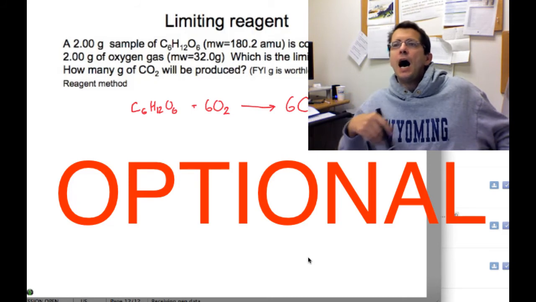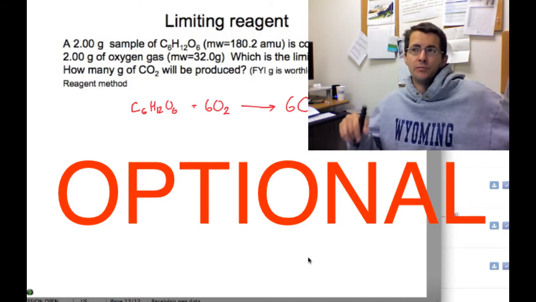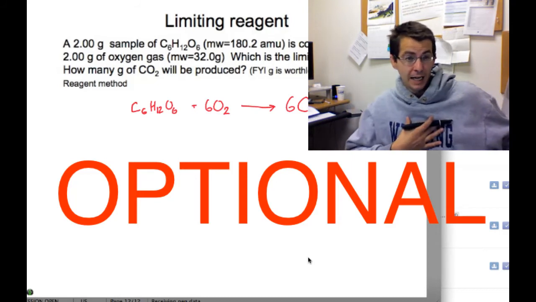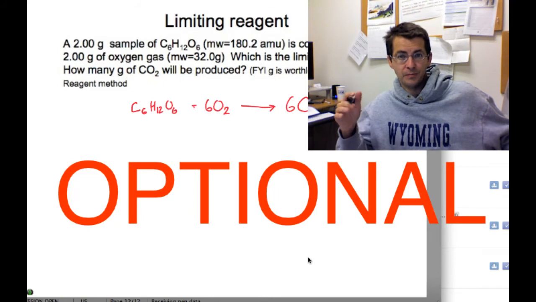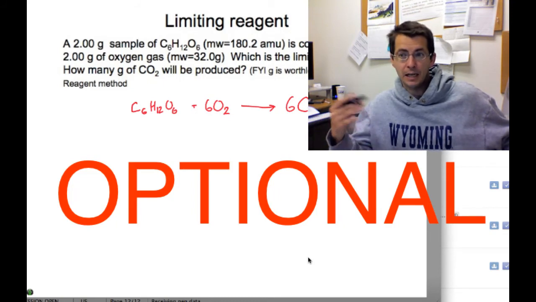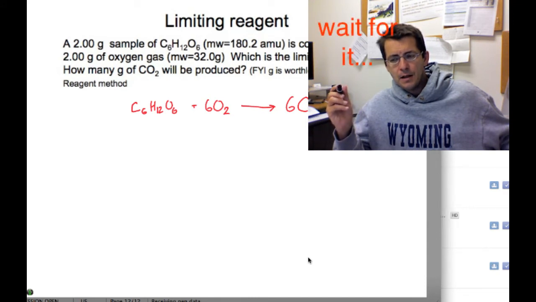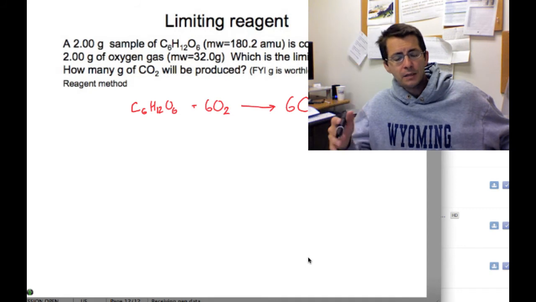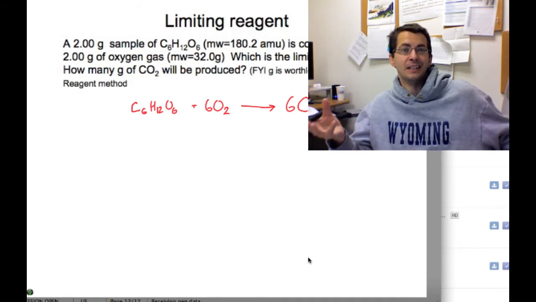So let me introduce an optional method, an alternate way of doing limiting reagent problems. And in fact, it's the one I actually like better because it actually involves thought and understanding. The product method involves just looking at which one makes the least product.